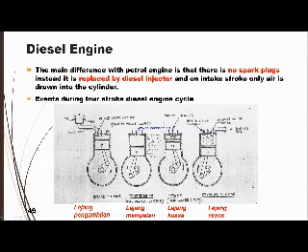By this approach, you are able to have combustion without the help of a spark plug. Diesel fuel is very difficult to light up, so you require very high pressure from the air, and with the help of the compressed air, you should be able to get ignition.